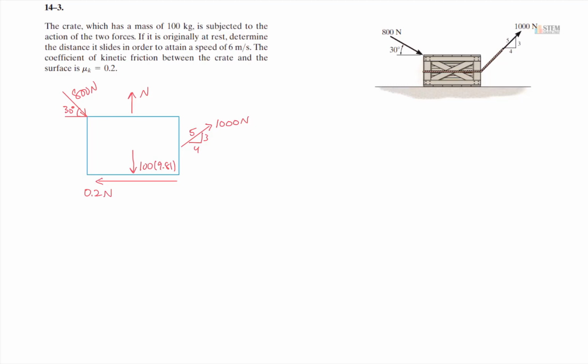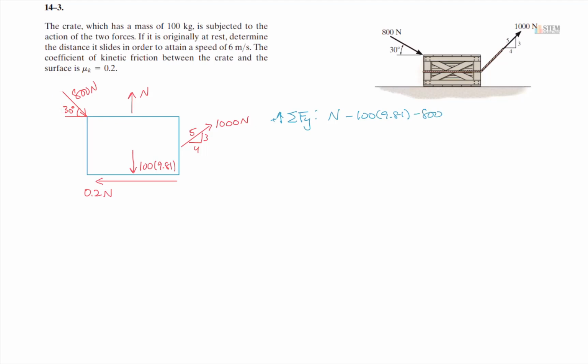All right, so first, in order to get friction, I need the normal force. Let's go ahead and calculate that, and then we'll look at what's doing work. So to find this, let's just look in the y direction. Up's positive, so we're going to have an N, and then minus the weight. And then this has a y component, as does this. So let's just start here on the 800. It's going to be a negative 800 sine 30, because that would be that component right there.